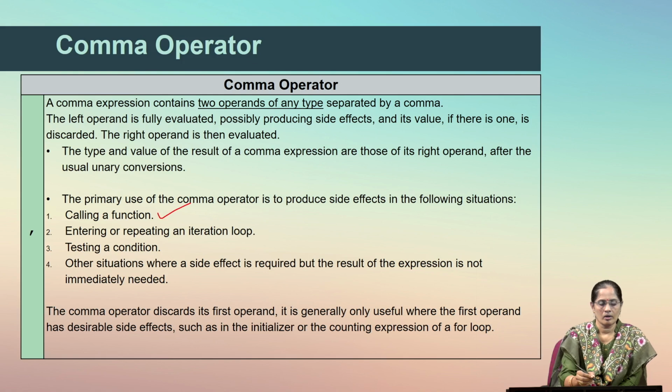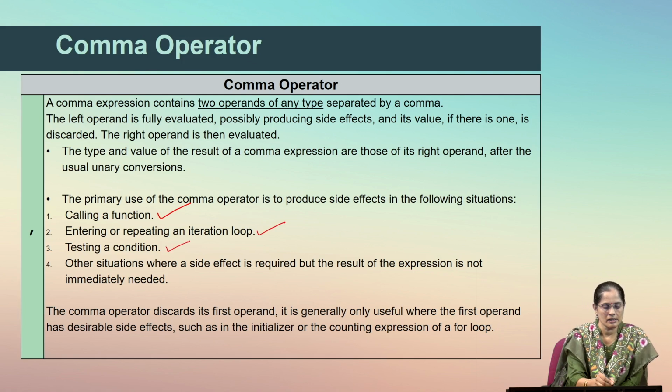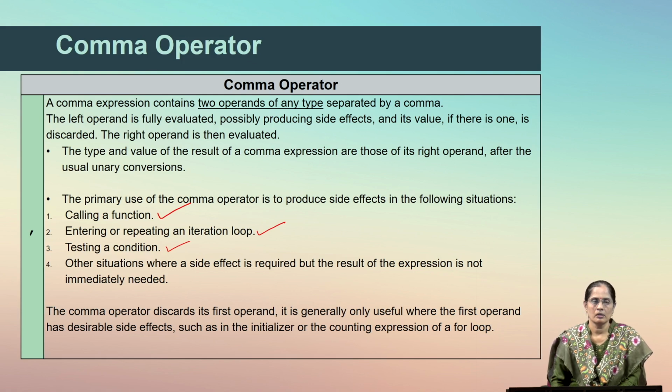We also use it when entering or repeating an iteration loop, for testing a condition, and in other situations where a side effect is required but the result of the expression is not immediately needed. We will see examples of the comma operator one by one.